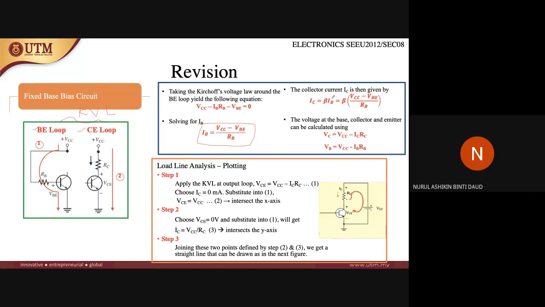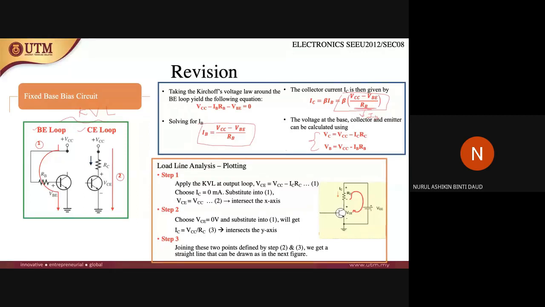The value for current at the collector can also be calculated using this IB. The voltage at the base, collector, and emitter can be calculated using this: VC equals VCC minus ICRC, VB equals VCC minus IB RB.